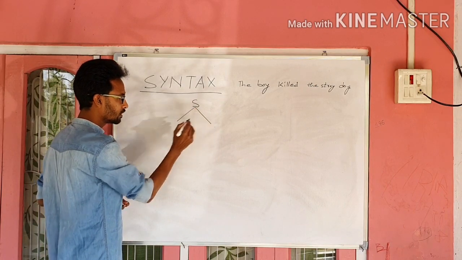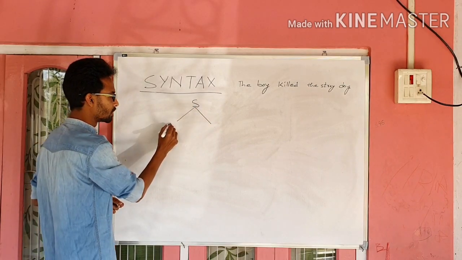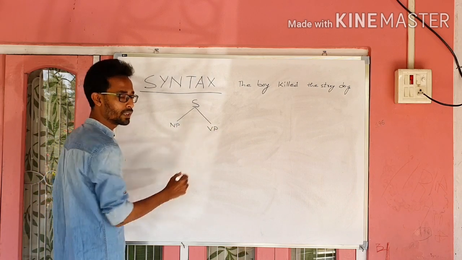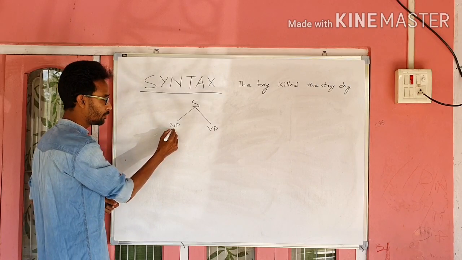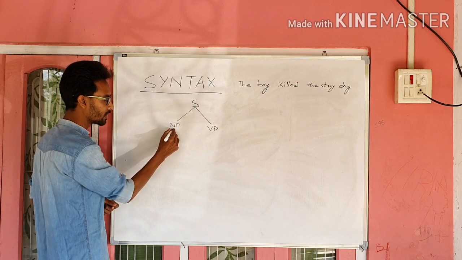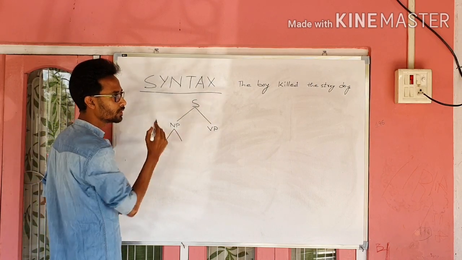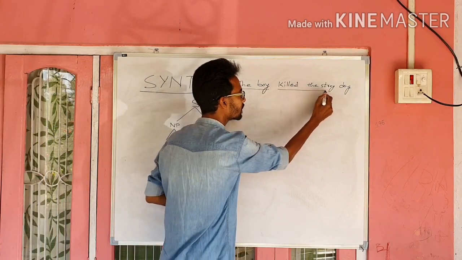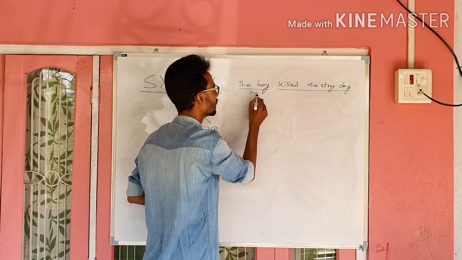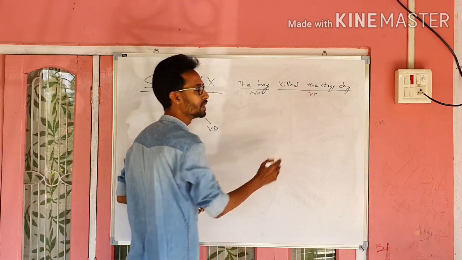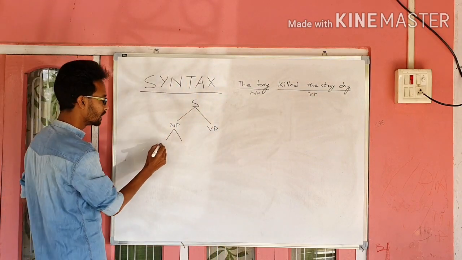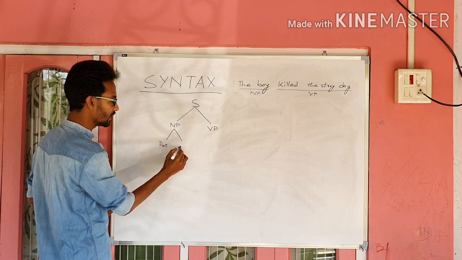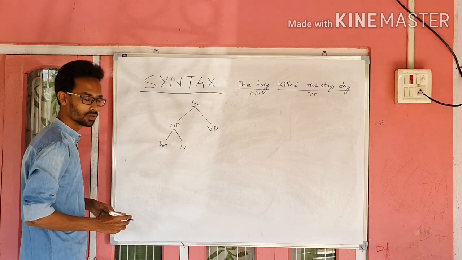The sentence will be divided into two, NP and VP. Which is the NP part? This one is the NP part, this one is the VP part. The NP will be further divided into two because there are two elements in the NP: determiner and noun.